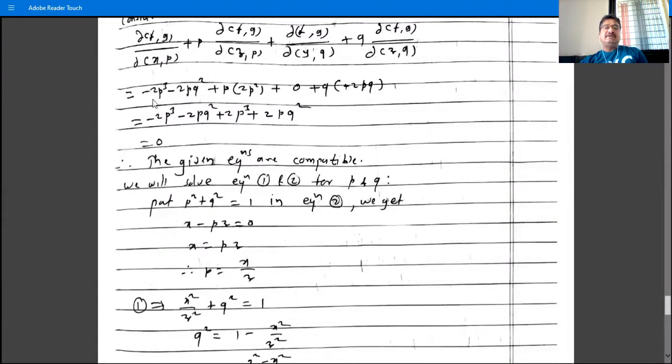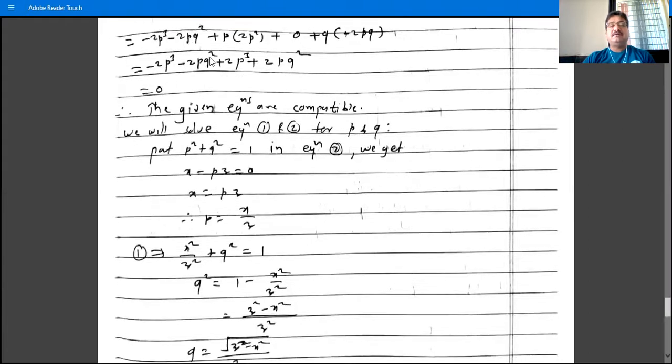On simplification it is −2p³ − 2pq² + 2p³ + 2pq², and the addition of all these four quantities is 0, and therefore the given equations are compatible.